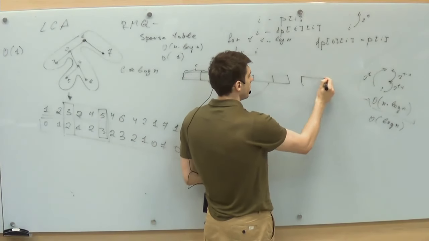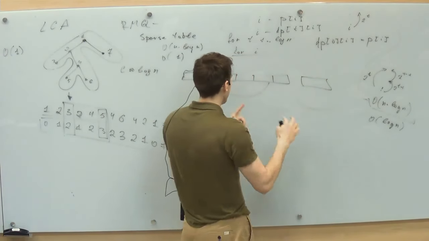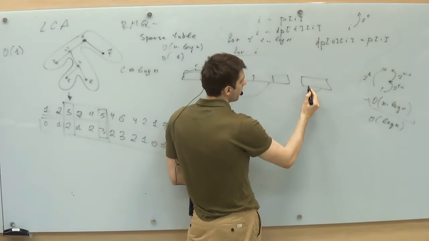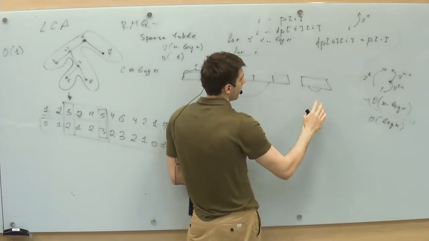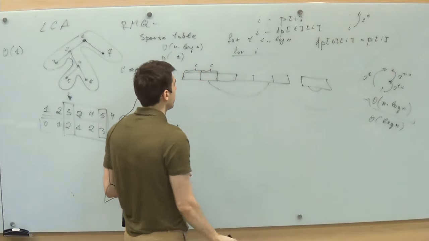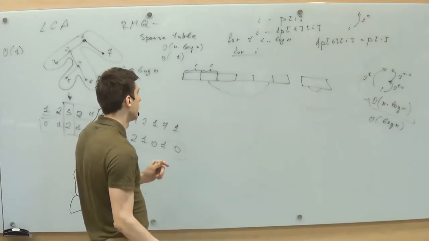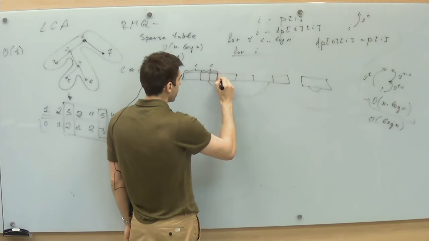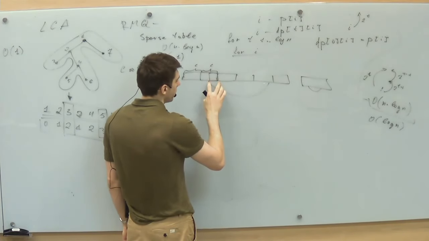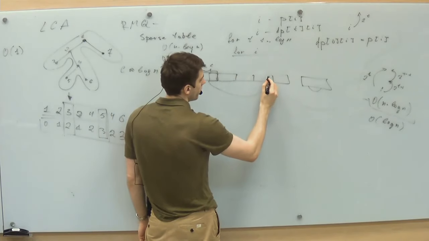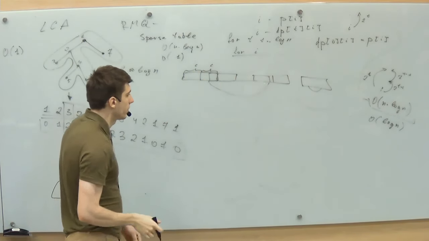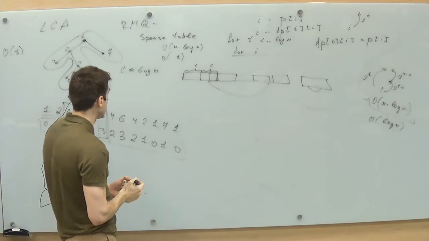The only way that it is partially covered, and it is not a prefix or suffix, is when it fully contains our query. We will consider this case separately. For now, let's think that we have some suffix of some block, some prefix of some block, and some segment of blocks which are fully inside.